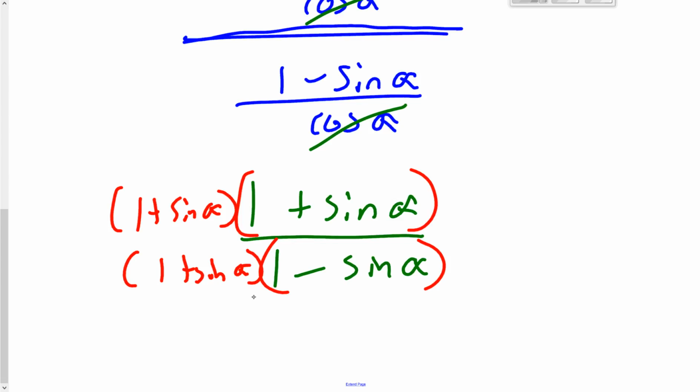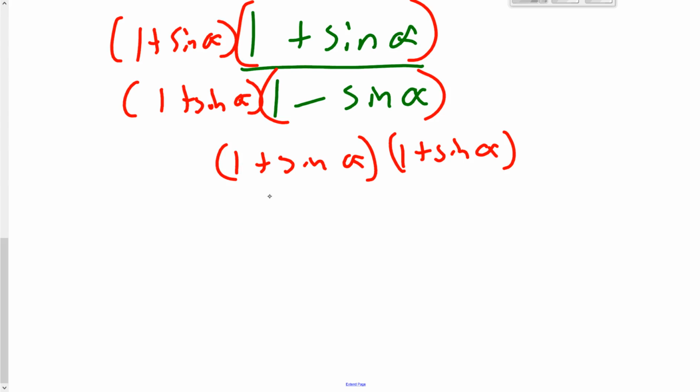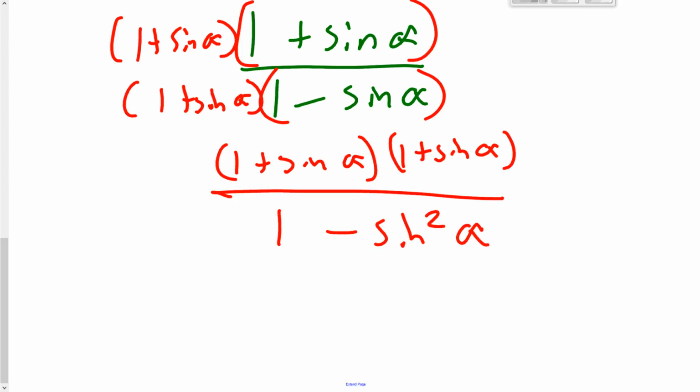So I could distribute that, and I would get 1 plus sine alpha times 1 plus sine alpha on top, which is what I need, right? And on bottom, I have a conjugate, so I have first times first and last times last, which is a sine times a sine, which is sine squared, and a positive times a negative is a negative, and that's what I need, right? So the left-hand side does equal the right-hand side.